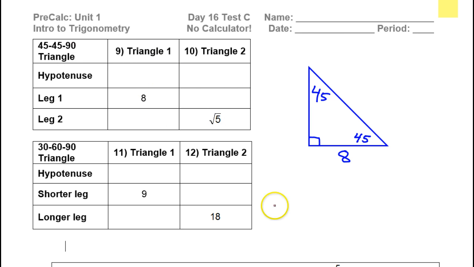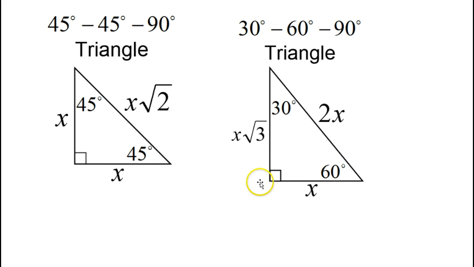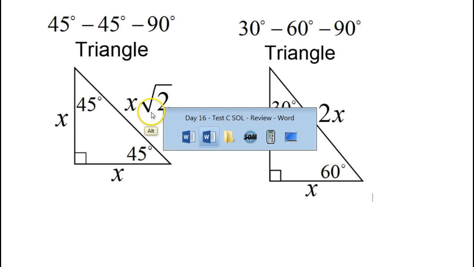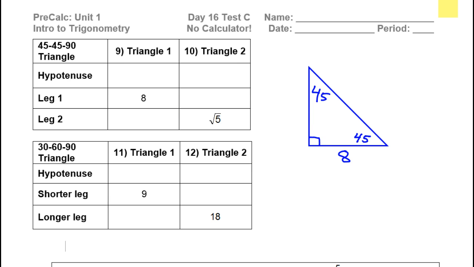Using the pattern, which again goes leg, leg, leg radical 2 for the hypotenuse, the two legs should be the same. So if this is 8, then this should be 8, and then the hypotenuse should be 8 radical 2. So the other leg was 8, and the hypotenuse was 8 radical 2.